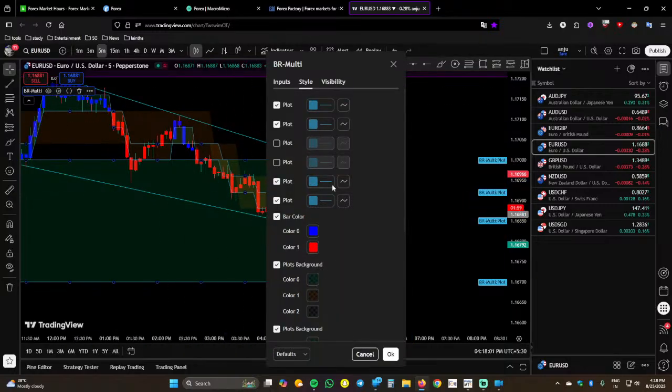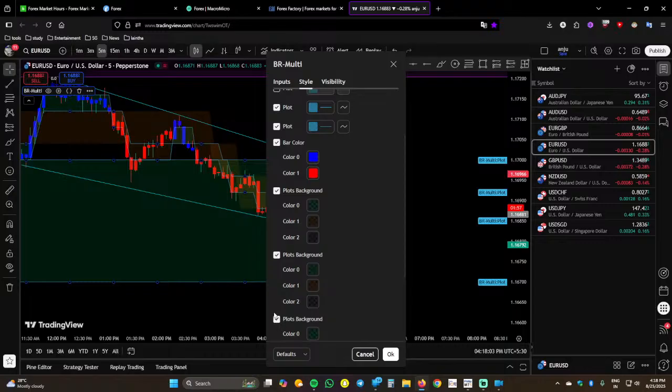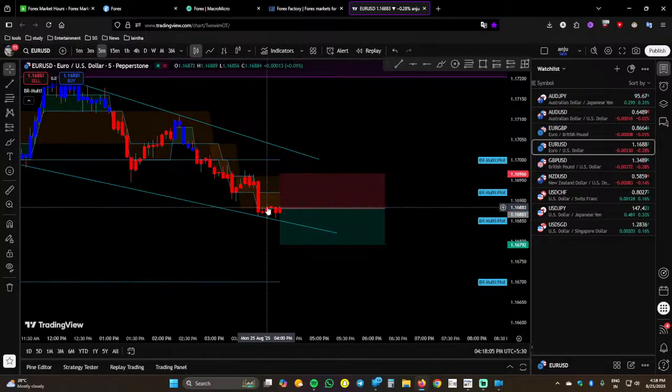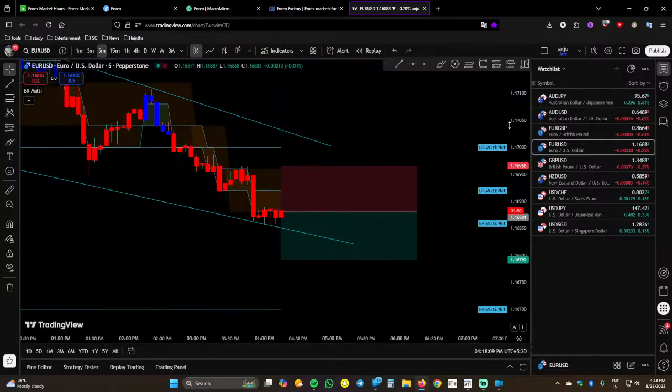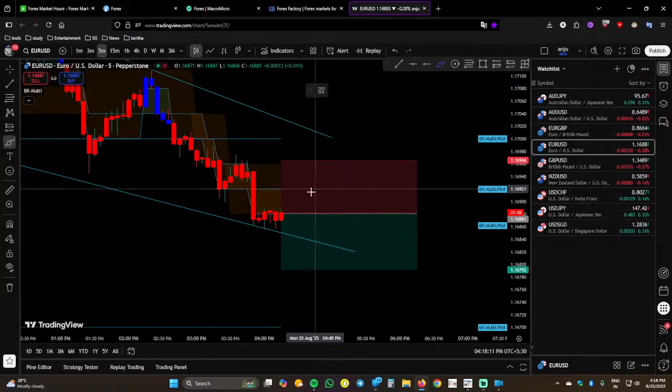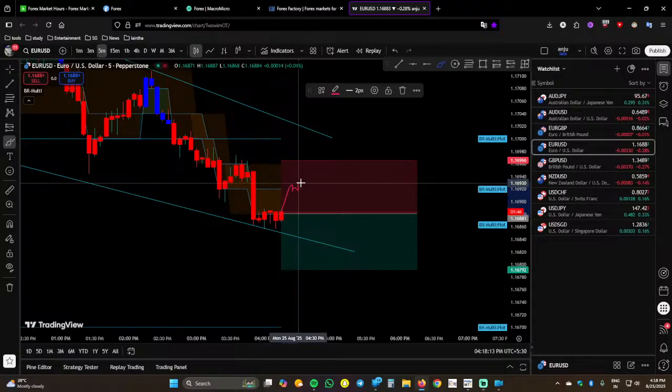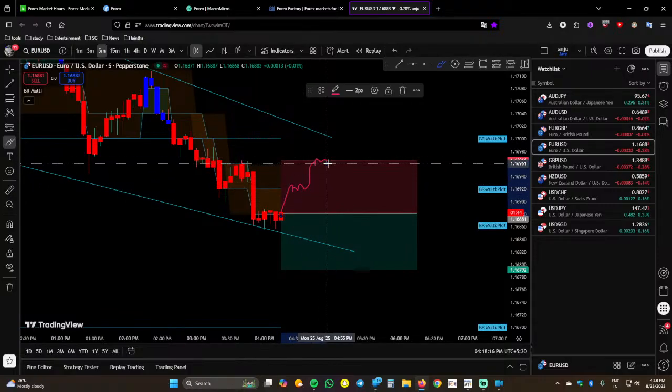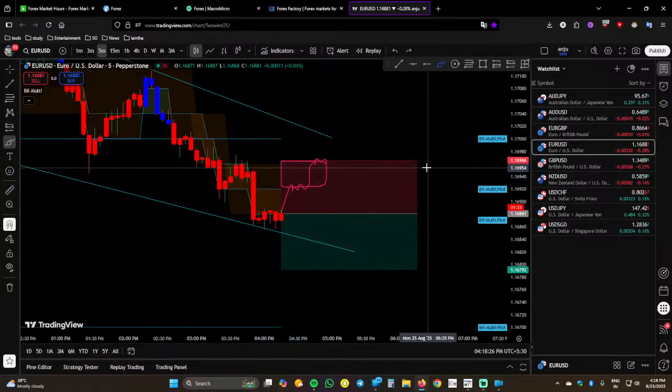Let me block this out. Yes, so we can see here, if the price goes up and breaks this level, a new brick will be formed. This will be a bullish brick. We don't want that.